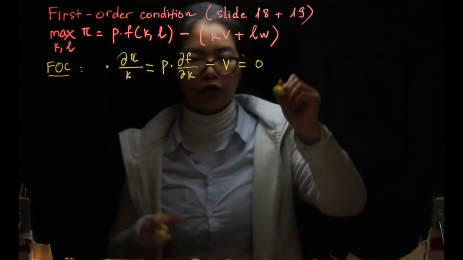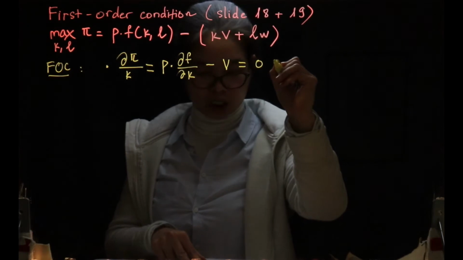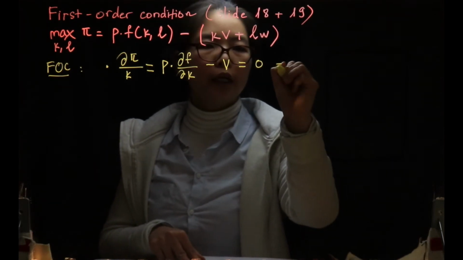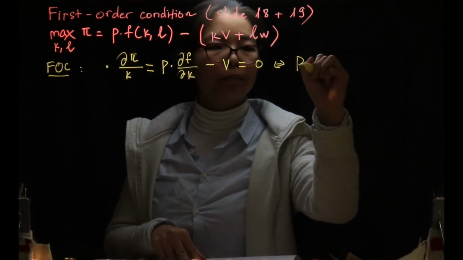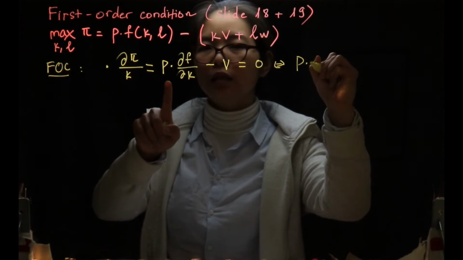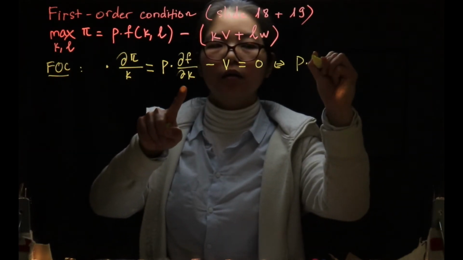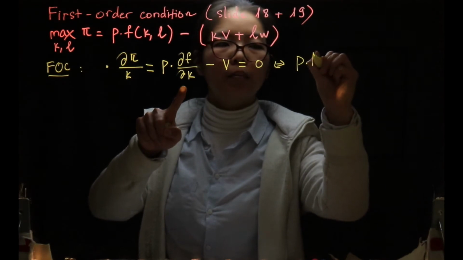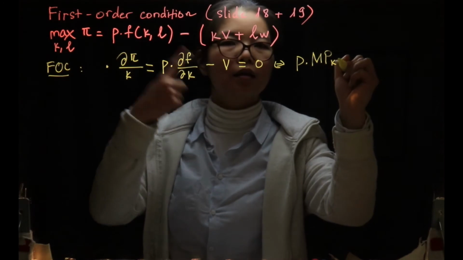So that's the first equation of the first order condition, and we could already rewrite it as P, market price, times what is the derivative of f with respect to K then? It is actually the marginal productivity of K, right?